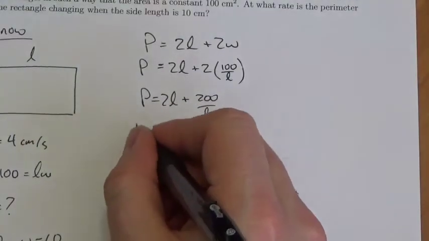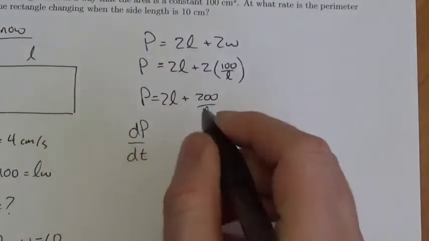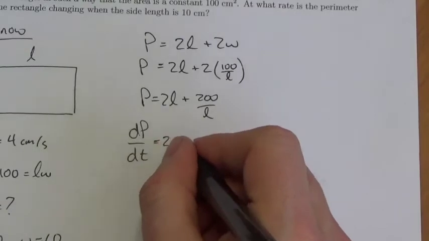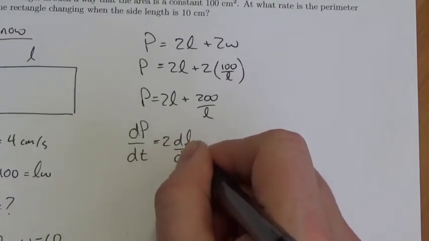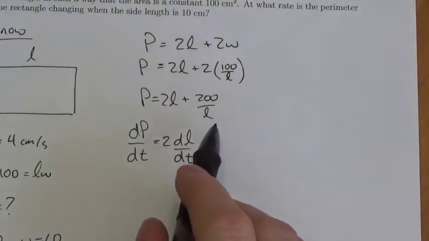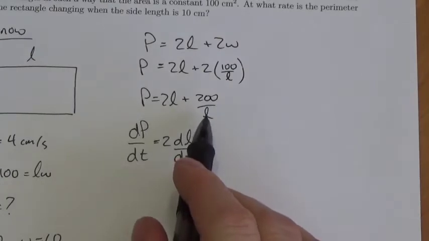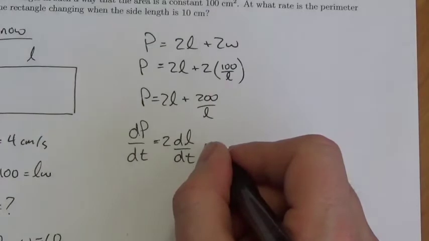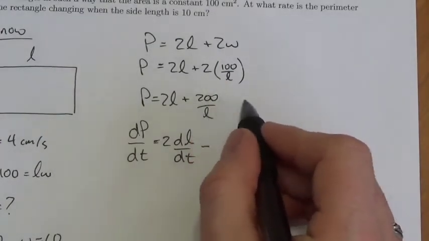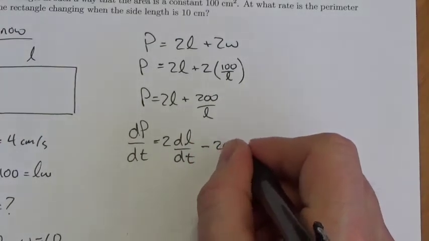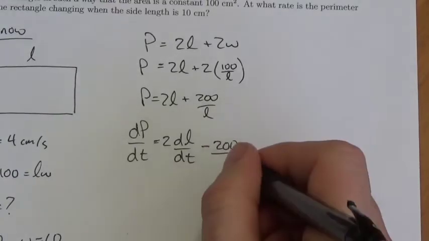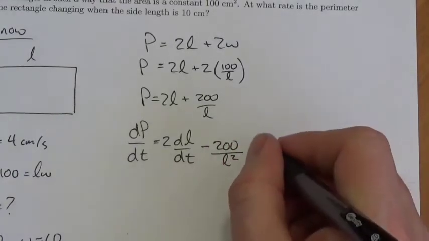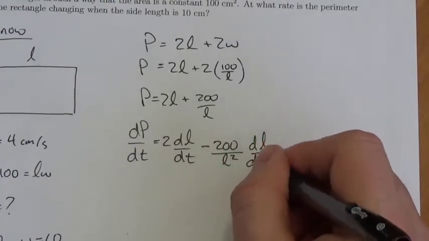And now I can take the derivative of this. So dP by dt will equal 2 dL by dt. Now it's a little bit different when the L is in the denominator. Remember, that's going to be like L to the negative 1, so I bring down the negative 1: minus 200 L to the negative 2, so over L squared, dL by dt.